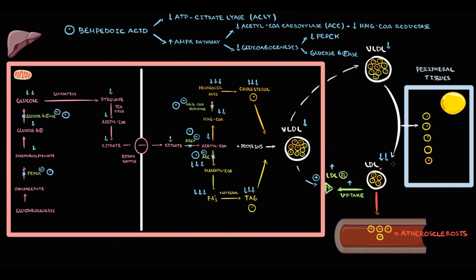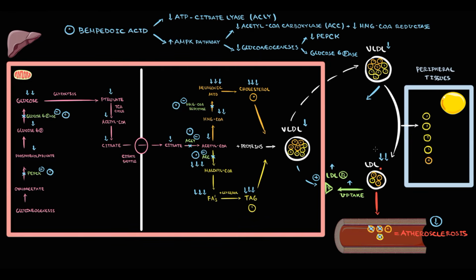And the lower the amount of LDL particles in the blood, the lower is the chance that some of them will be taken up by the macrophages in the blood vessel wall, and thereby the lower is the risk of atherosclerosis. So, as we see, bempedoic acid causes decrease in concentration of very low density lipoproteins.